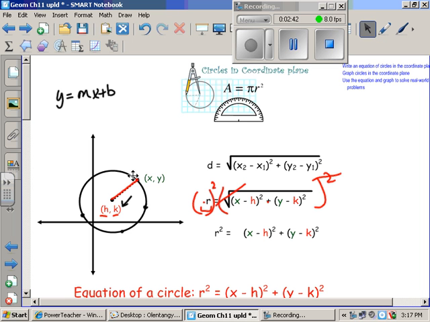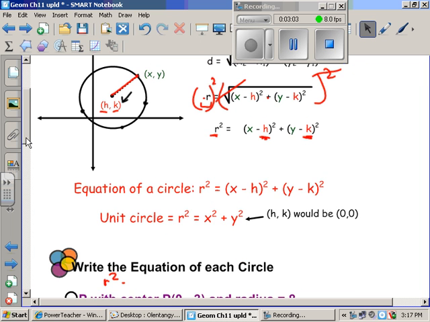It's r squared equals x minus h squared plus y minus k squared. Whenever you see this, you take the square root of that number and it gives you the radius, and the center of the circle will always be those two numbers there. We're going to use that to write equations of circles.